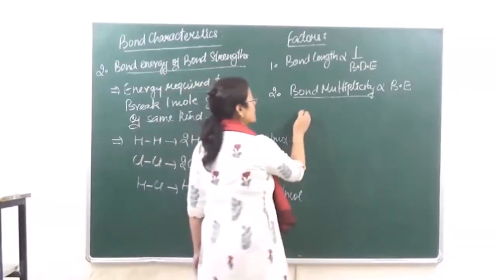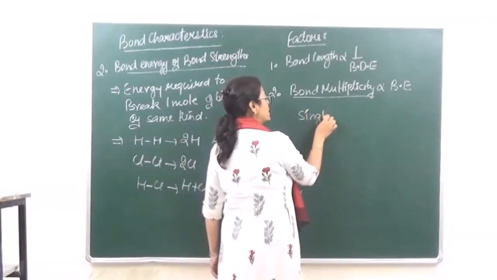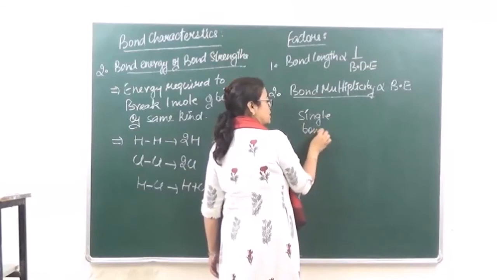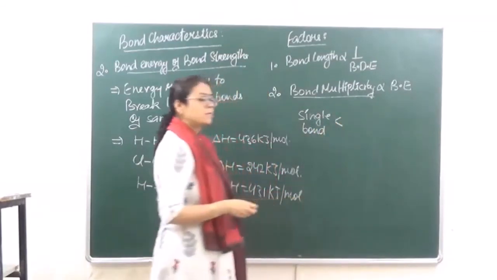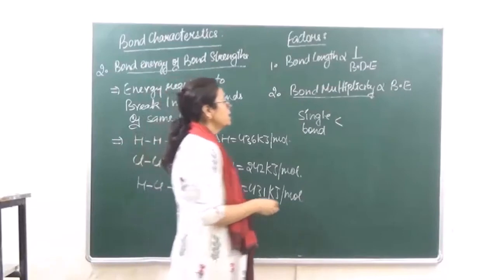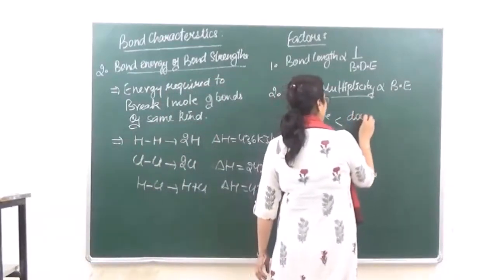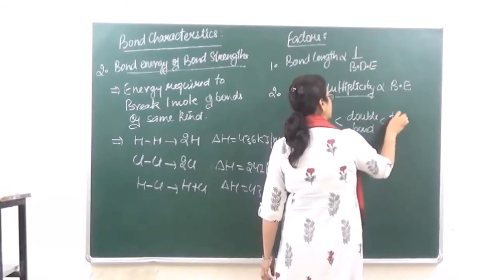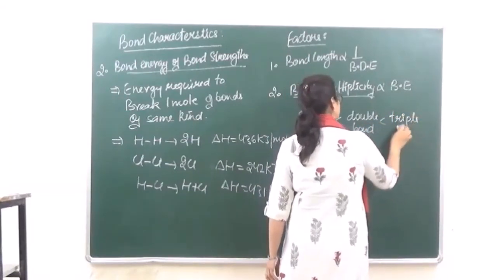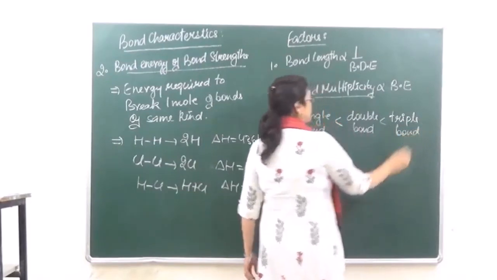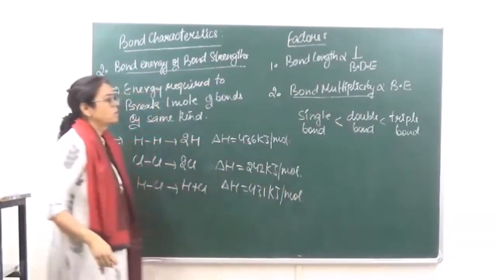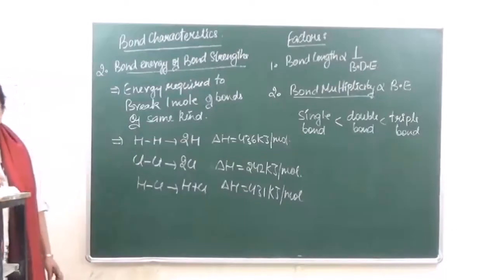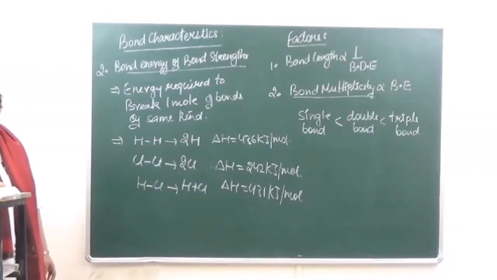It means that to break a single bond, the least bond dissociation energy is required, then a double bond, then a triple bond. Right? So for a single bond the least, for a double bond more, and for a triple bond the most bond dissociation energy is needed.